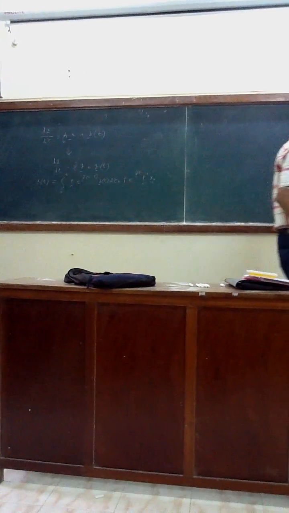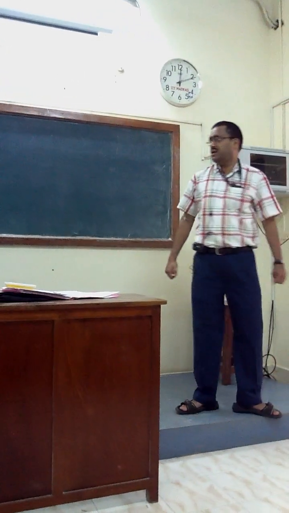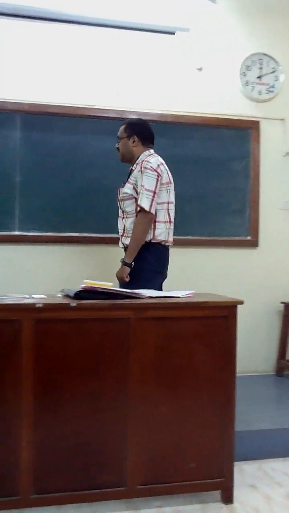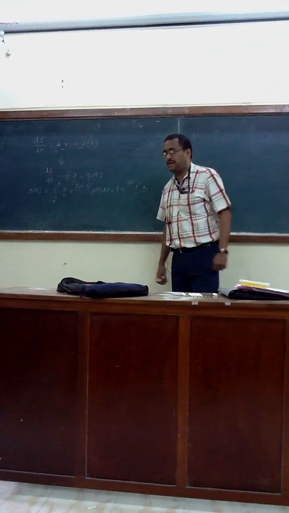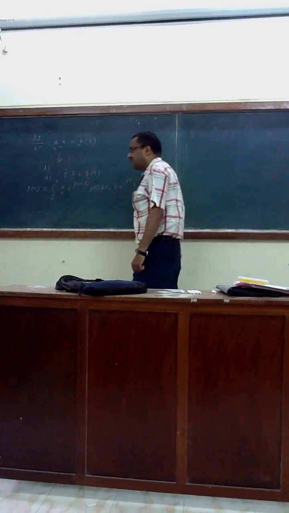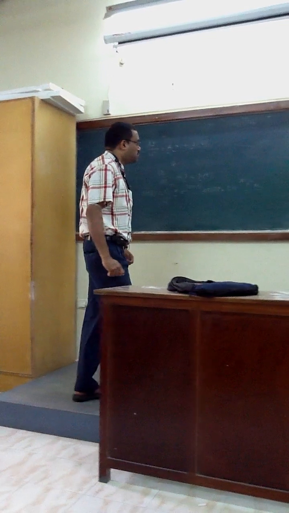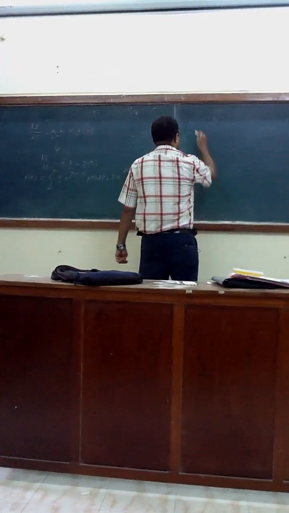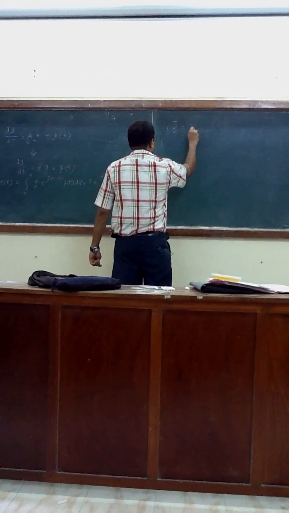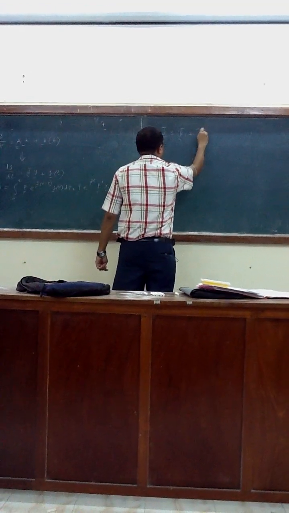So this technique would work fine. The main challenge is to calculate e to the power Jt. It may not be straightforward, because J would be decomposed to J1 plus J2.